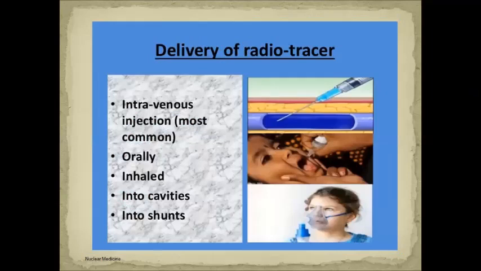The next step is delivery of the radioactive tracer. The main and most common way is intravenous injection. But radioactive tracers may be delivered in many other ways.